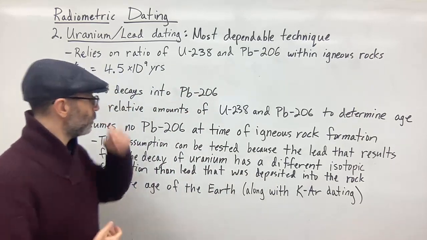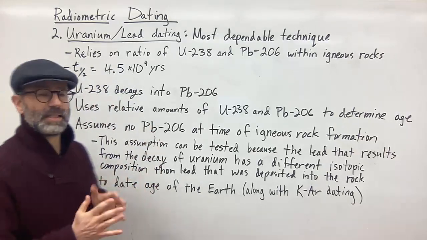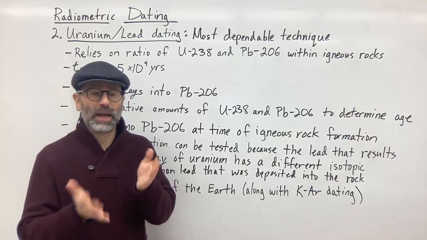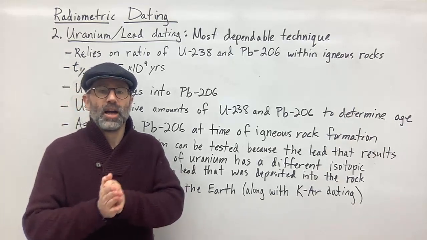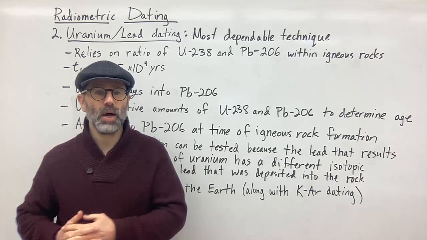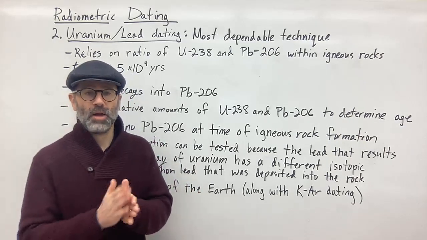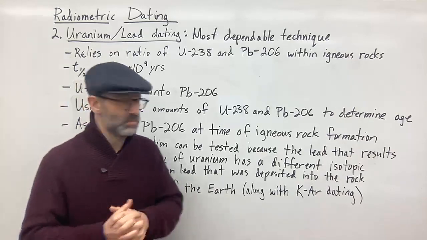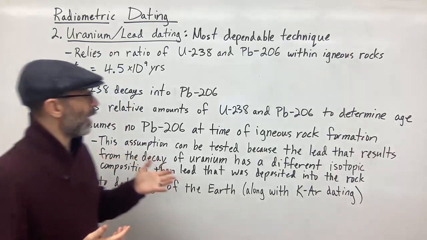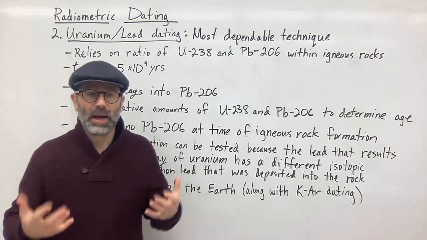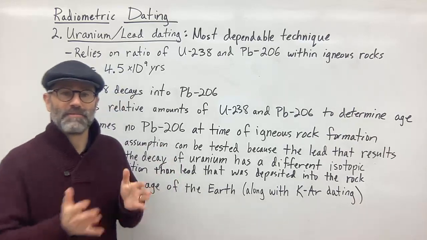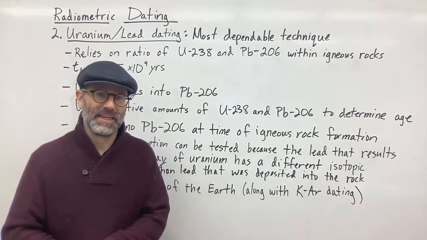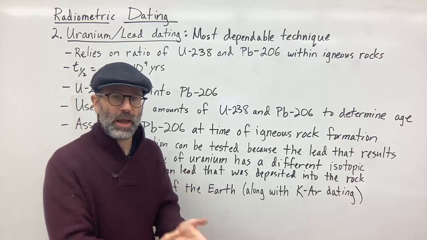So like the carbon 14 dating or the radiocarbon dating technique, where I compared the ratio of the carbon 14 to carbon 12, here I'm comparing the relative amounts of uranium 238 to lead 206. So how does that work? Well, I assume that I find a rock, say an igneous rock, and I find some lead in it, and I find some uranium in it.